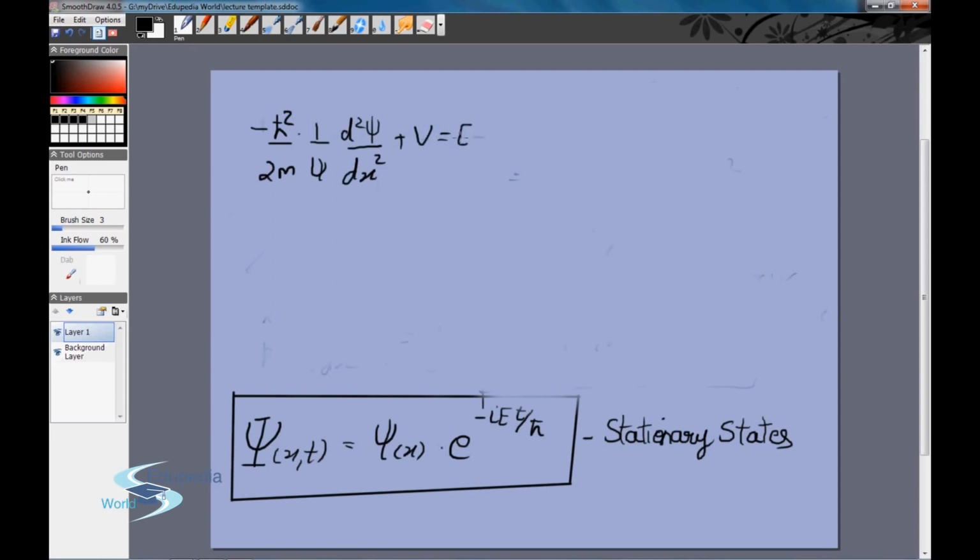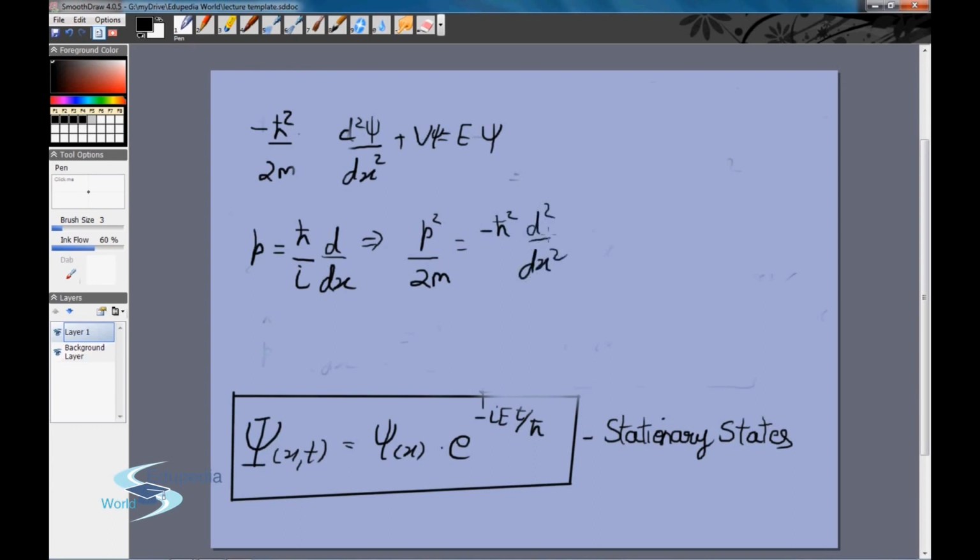Now we'll take psi on the right side, and so we get V psi equal to E psi. Now what does this look like? If you notice closely, P was h by iota d by dx, the momentum. So what is the kinetic energy operator? That is P squared by 2m. That is h squared by iota squared, which is minus 1, d squared by dx squared.